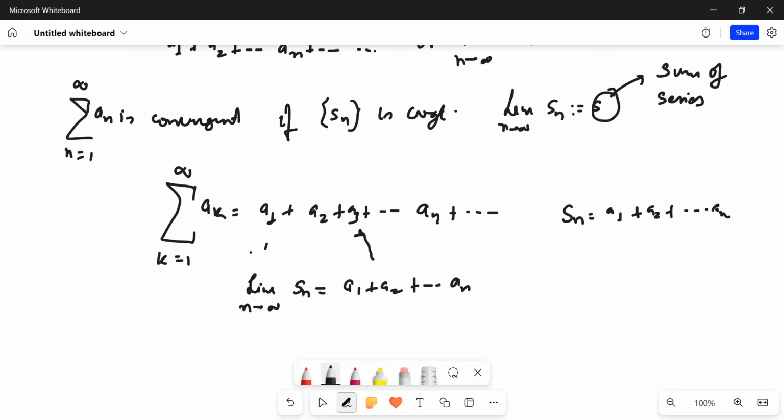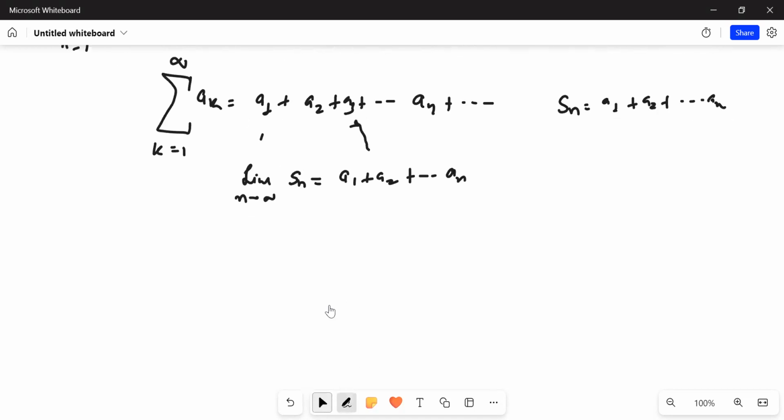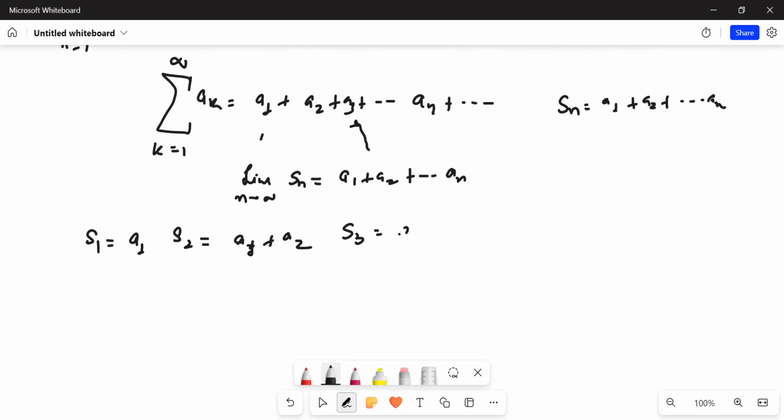So if I want to see the convergence and divergence of a series, I need to concentrate on the sequence of partial sums. Understand, this is not a1, a2. S1 would be a1. S2 would be a1 plus a2. S3 would be a1 plus a2 plus a3. S4 would be a1 plus a2 plus a3 plus a4.